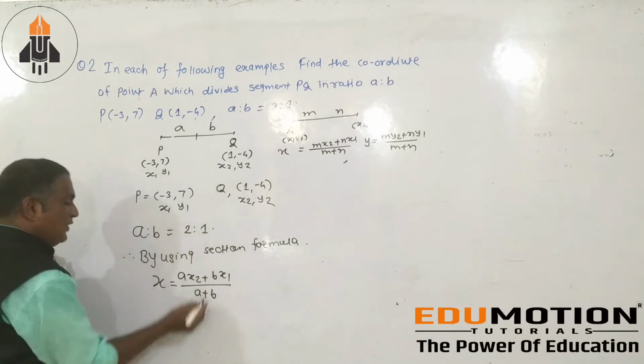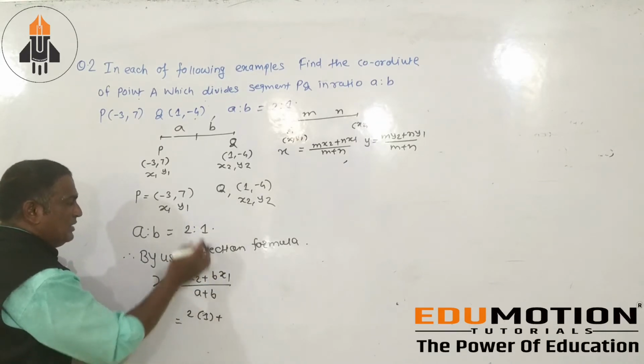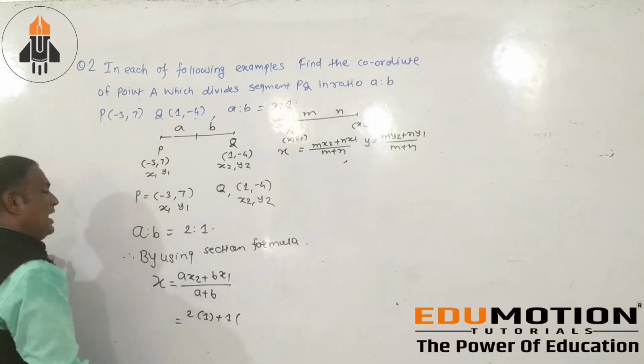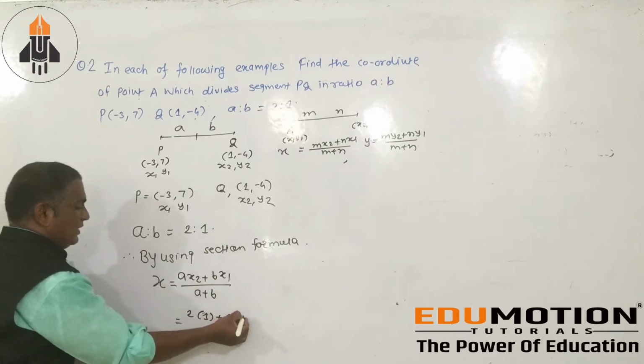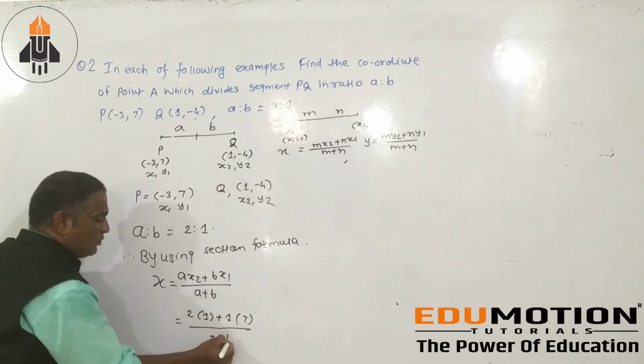What is the value of a? 2, x2 is 1, b is 1, and x1 is minus 3, divided by a plus b, means 2 plus 1.